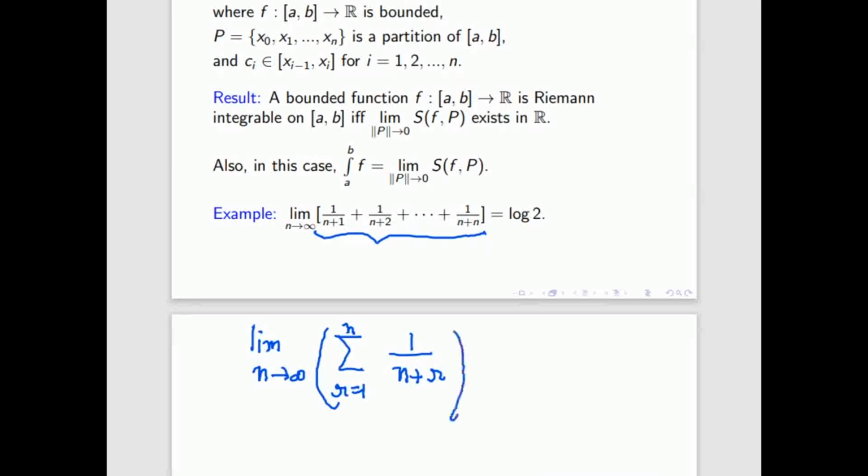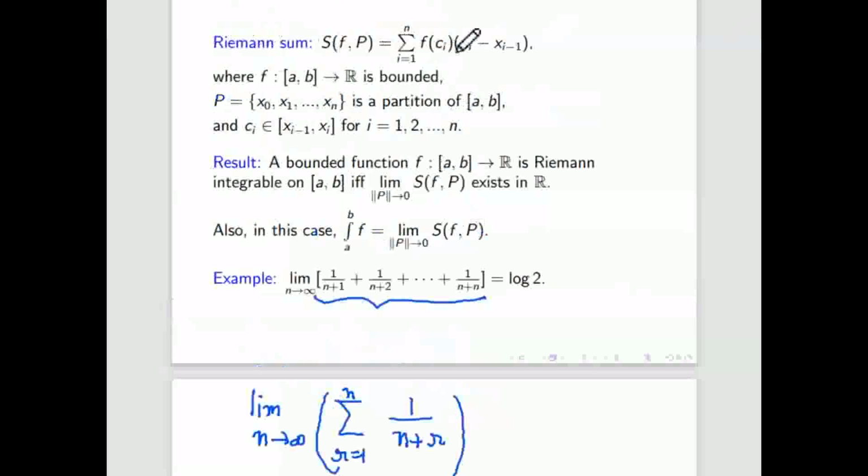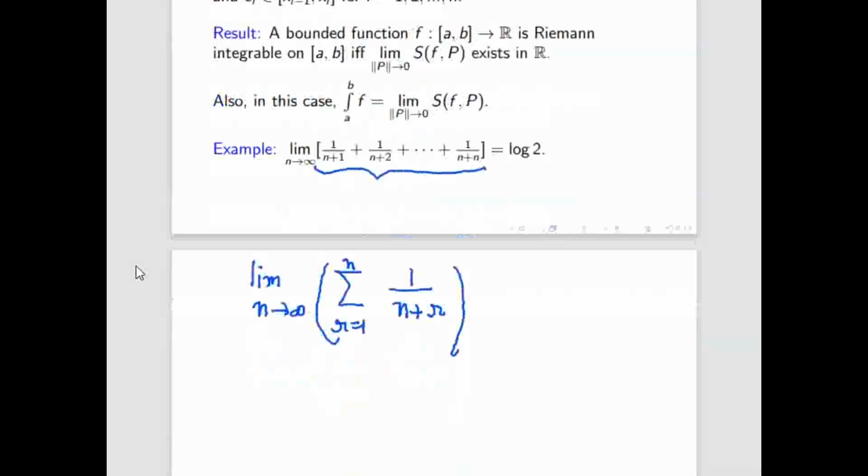So now what we will do is apply the definition: the Riemann sum, see here, is written as the limit over partitions, that means as the maximum length goes to 0, and this is nothing but this summation. So we'll relate this in the form of this, and once this is done, then we'll apply this. That means this whole limit and this summation can be converted into the form of an integration. So how we'll do it, later.